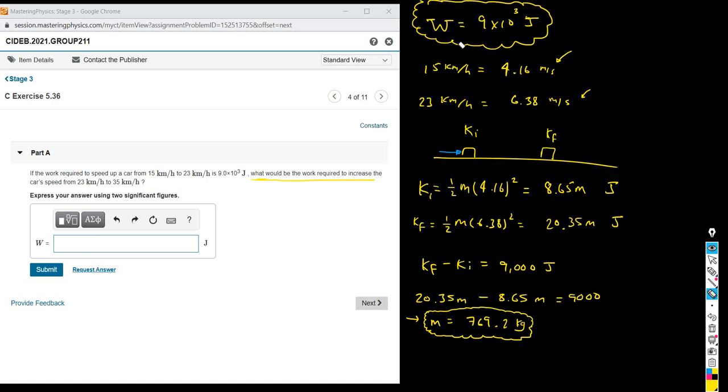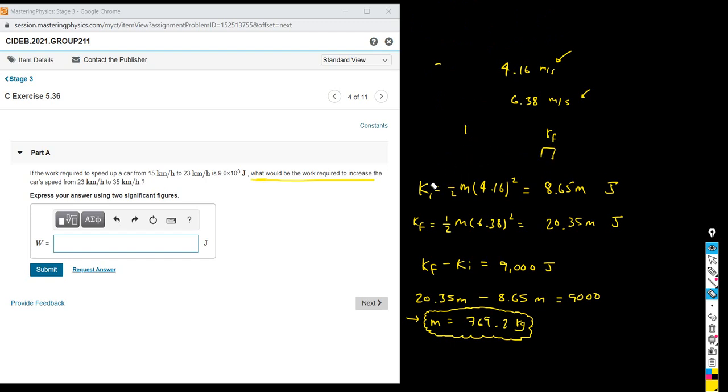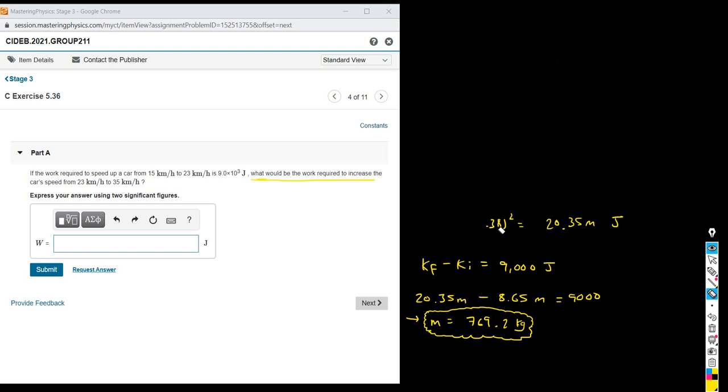So I'm gonna erase everything. Basically, all of this analysis was done in order to obtain the mass of the car, which is 769 kilograms approximately. And let me put it right here. The mass of the car is this much.